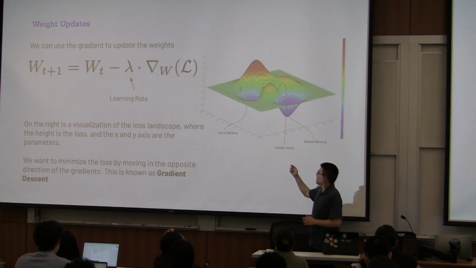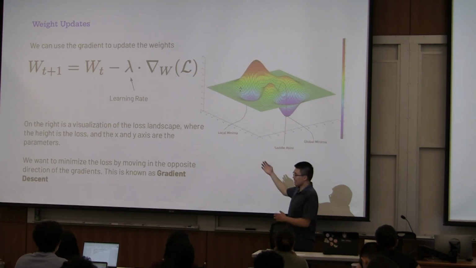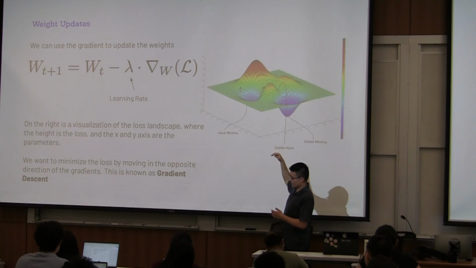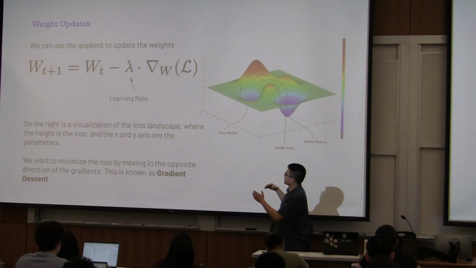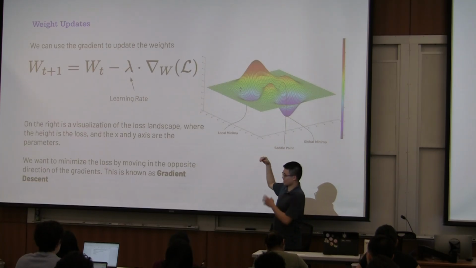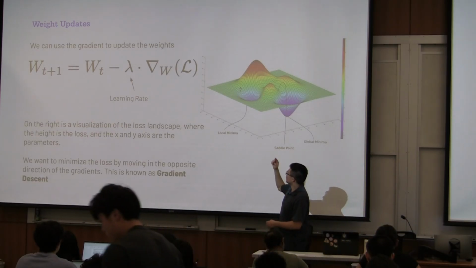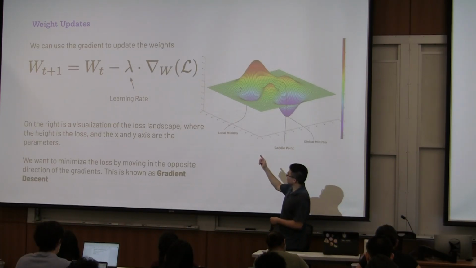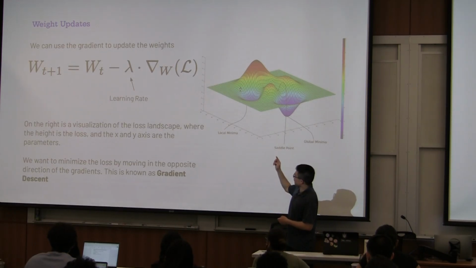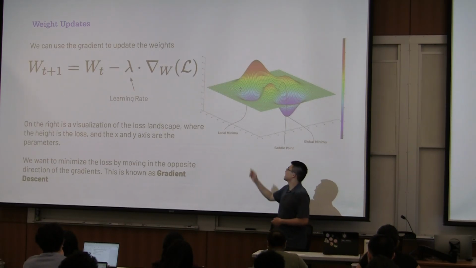So if the gradient was big and positive, then we want to subtract that from the old weight, subtract a lot. If it was small, we can subtract a little bit. If the gradient was actually negative, then we want to add a bit. And if it's very negative, we want to add a lot.